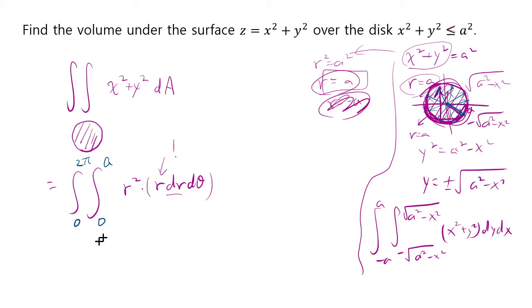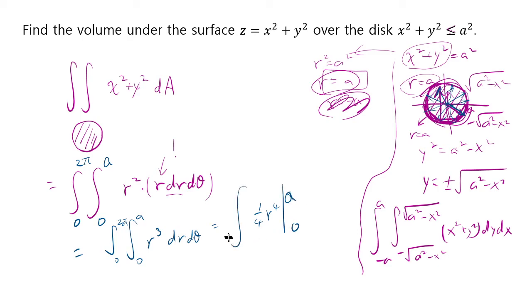Okay, now we are ready to compute this. What is that? r squared times r, that's r cubed, dr d theta, 0 to a, 0 to 2 pi. Integrating r cubed gives you 1/4 r to the 4th, from 0 to a. And then you still have to integrate by theta from 0 to 2 pi.